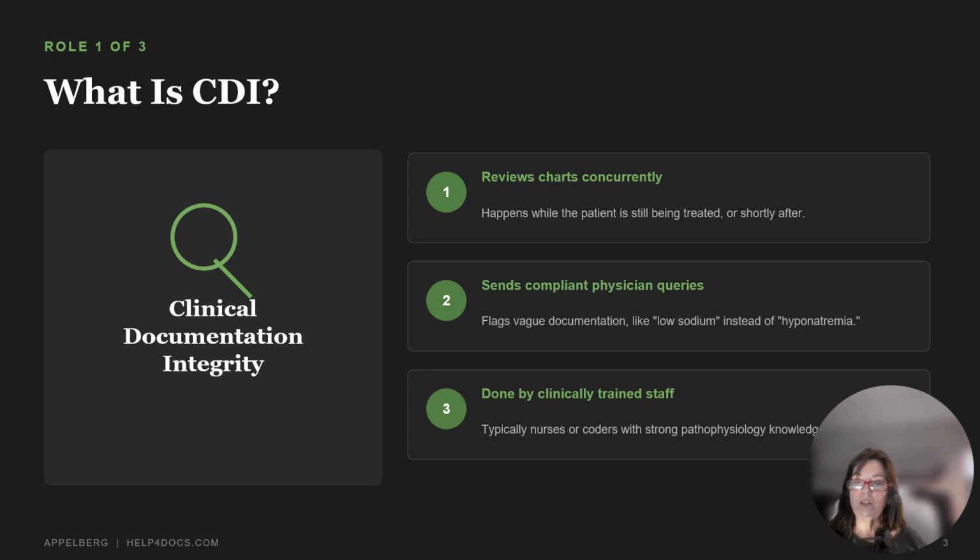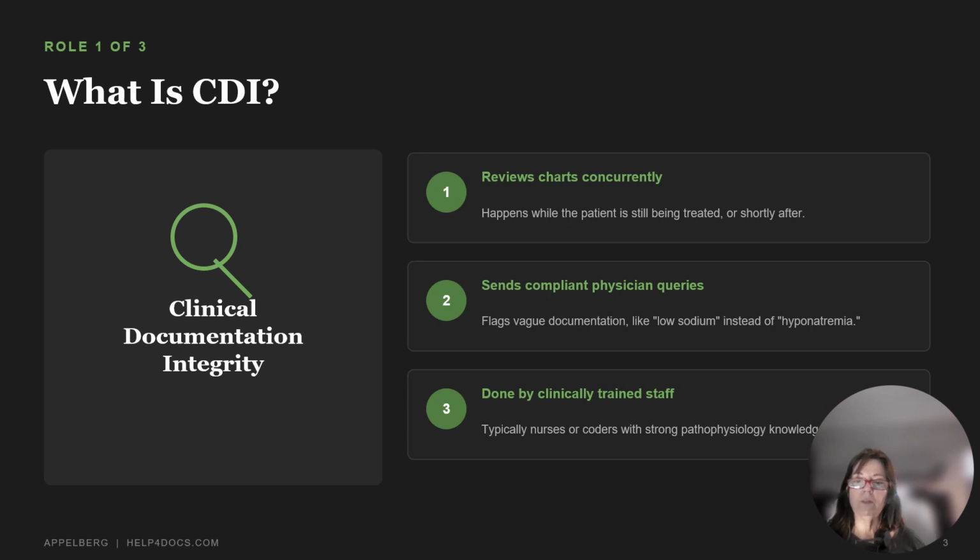They review the chart, usually while the patient is still being treated or shortly thereafter. If they see something documented in a vague or incomplete way, they send a query, which is a formal, compliant question, back to the physician. It would be something like, you noted the patient's sodium was low and they were treated with fluid restriction.